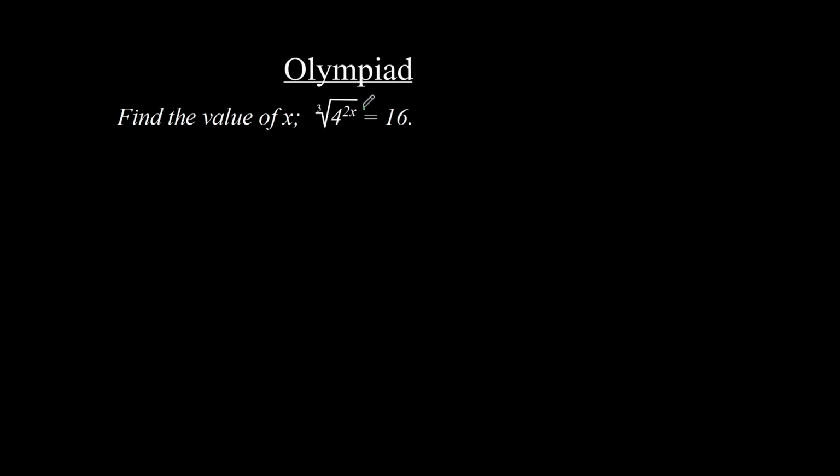Firstly, I need to make sure that we understand this cube root. When you have something like square root of a, this means a is raised to the power of 1/2, and if we have a cube root of a, we have this 3. Remember, for square root we would have a 2 here, but by default we don't need to put this 2 here.